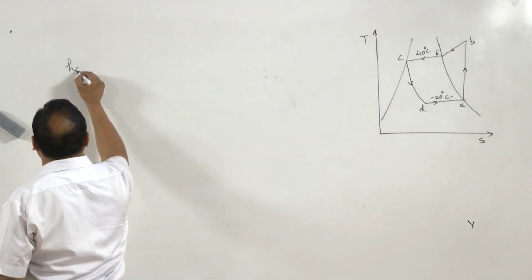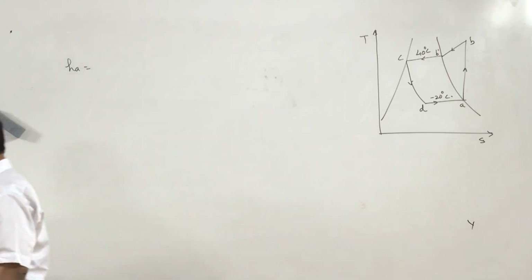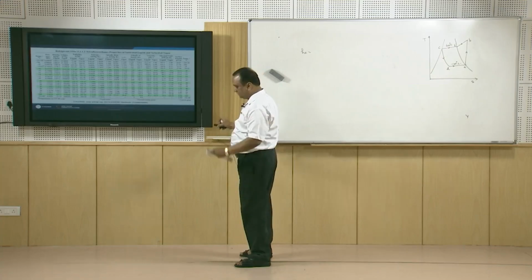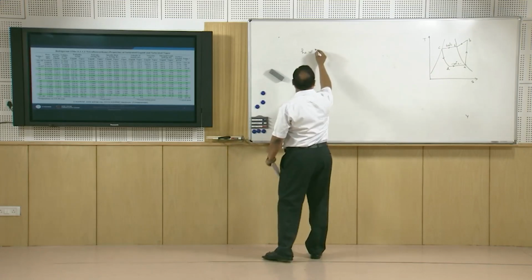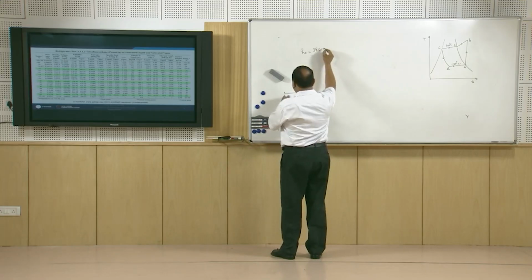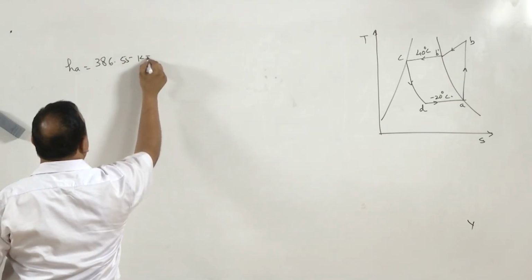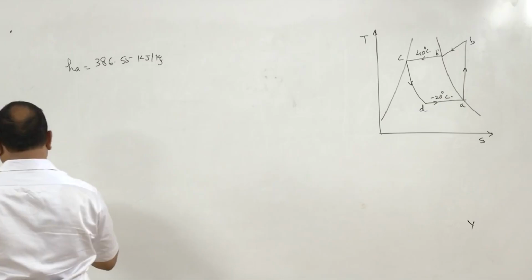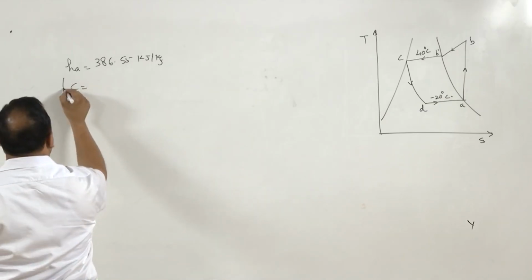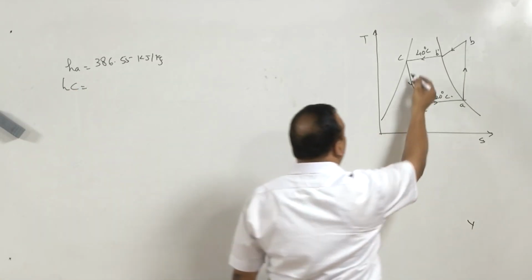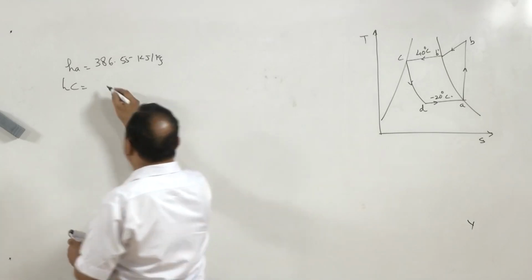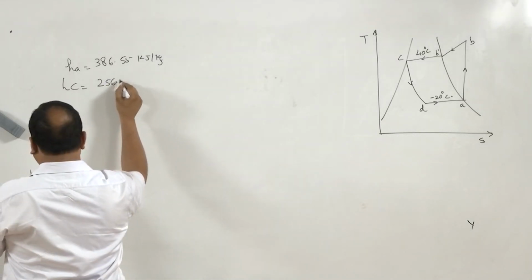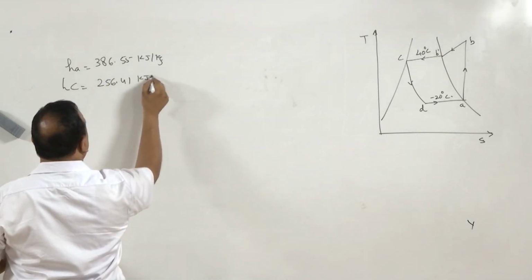HA here again we can take directly from the properties table. Then HA is equal to again 386.55 kilojoules per kg. HC, enthalpy at C, is equal to 256.41 kilojoules per kg.